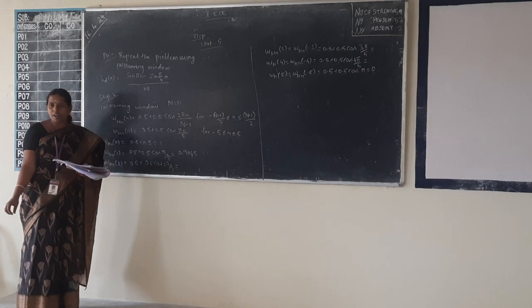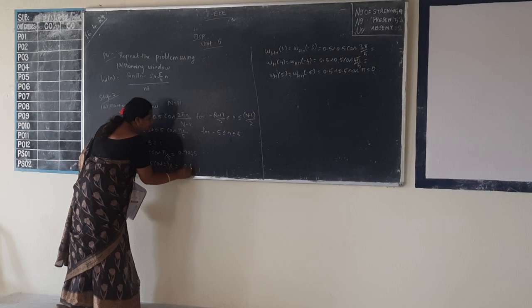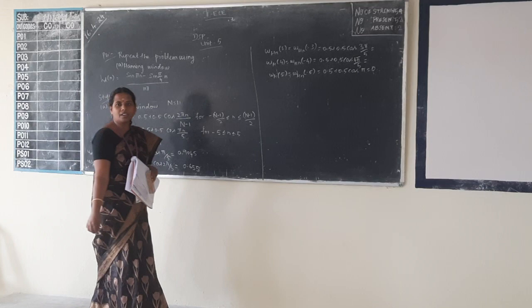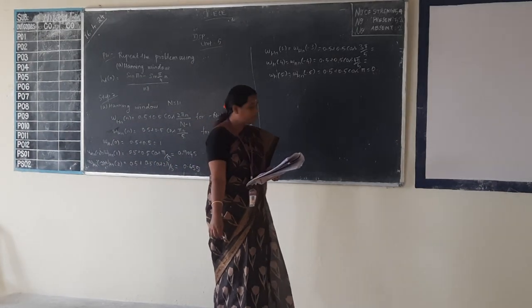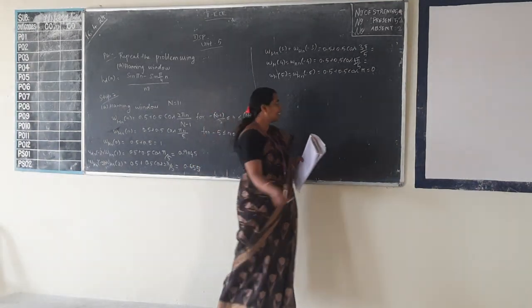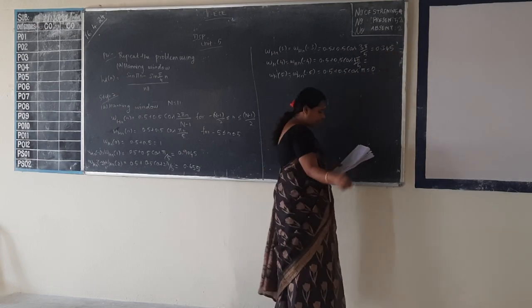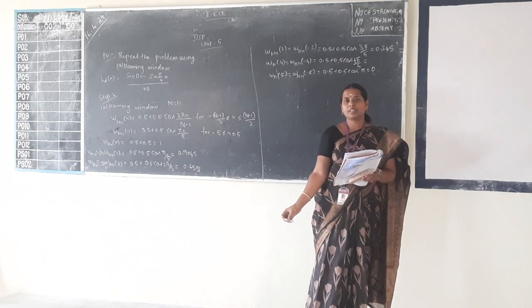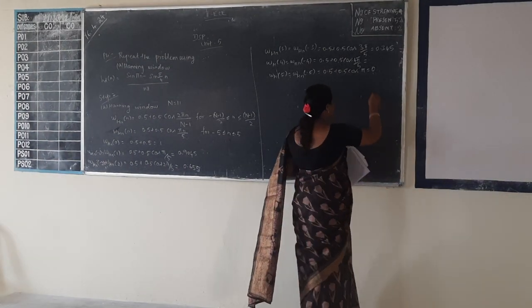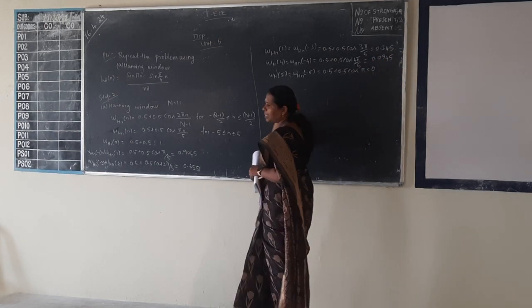For w_Hn of 2, we got 0.655. w_Hn of 3 is 0.345 and w_Hn of 4 is 0.0945. Got this? 0.0945.